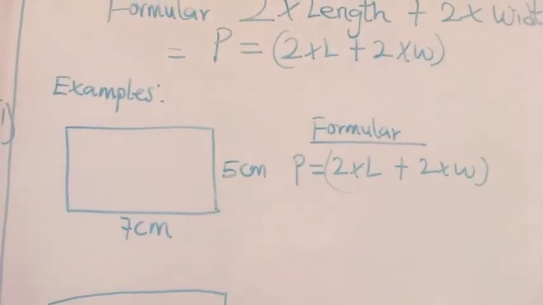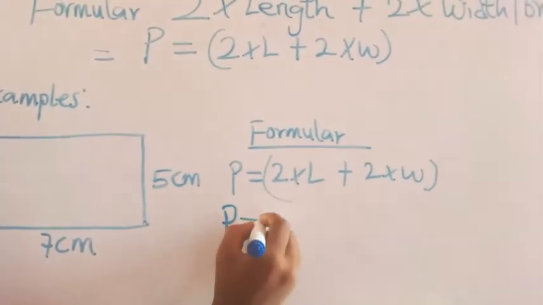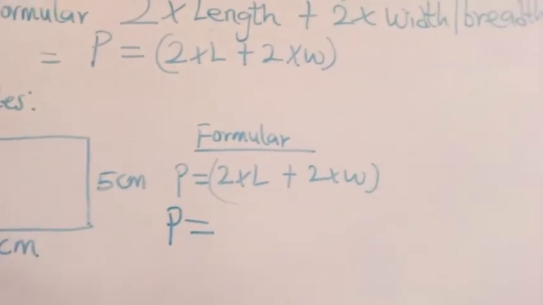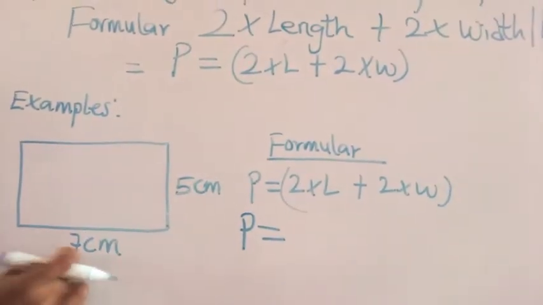Now, for us to apply our formula, we say perimeter is equal to 2 times our length, which is the longest side of the shape, 7 cm.